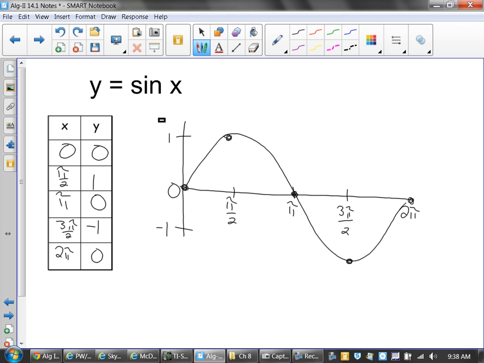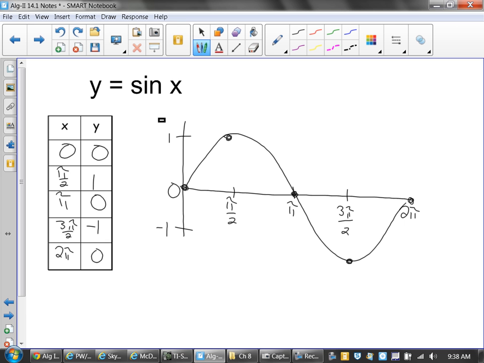Starting at 0, it's 1. Pi over 2, it's 0. At pi, it's negative 1. 3 pi over 2, it's 0. And back at 2 pi, it's 1. What's different about the cosine curve is that it starts at its amplitude, works its way down, and comes back up, whereas the sine curve starts at 0.